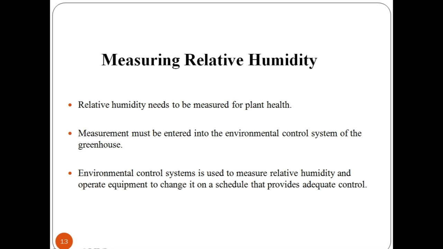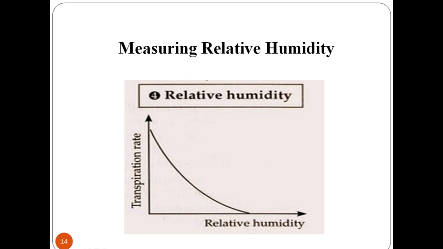Many hobby greenhouses don't have a sophisticated enough environment control system to measure relative humidity and operate equipment to change it on a schedule that provides adequate control. Relative humidity is measured to help the greenhouse maintain it in the environment. Thus have a look at the graph which is plotted between transpiration rate and relative humidity.